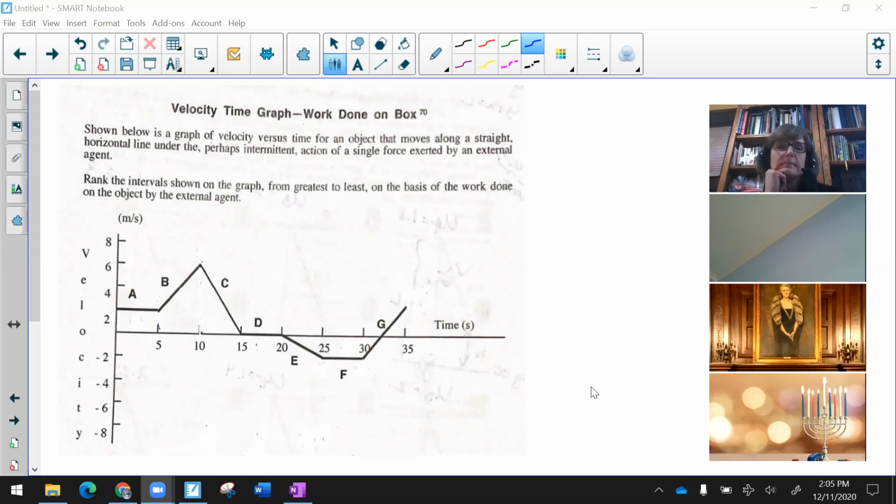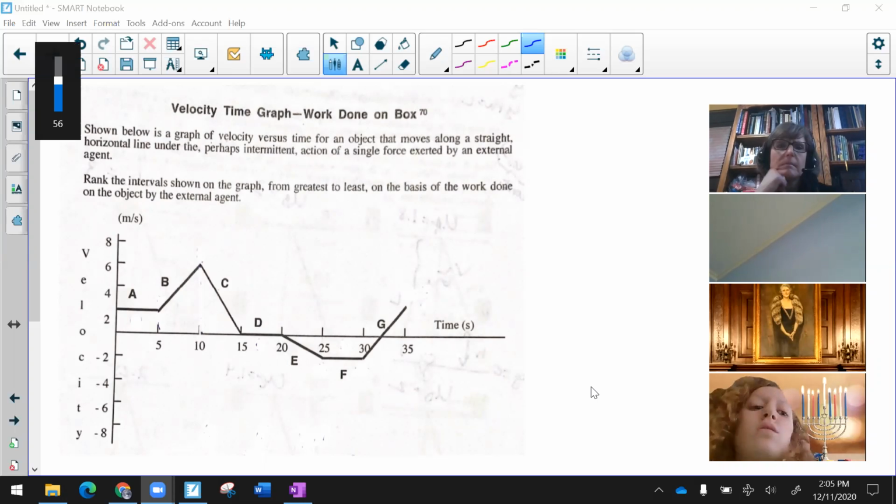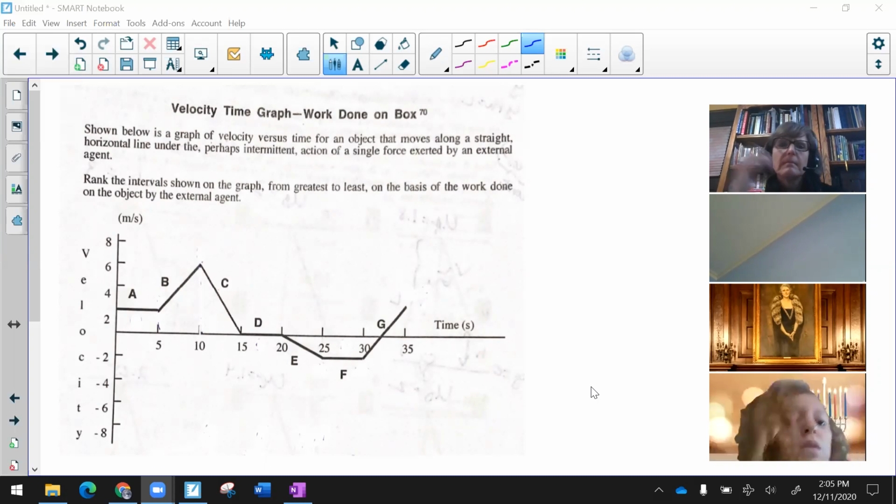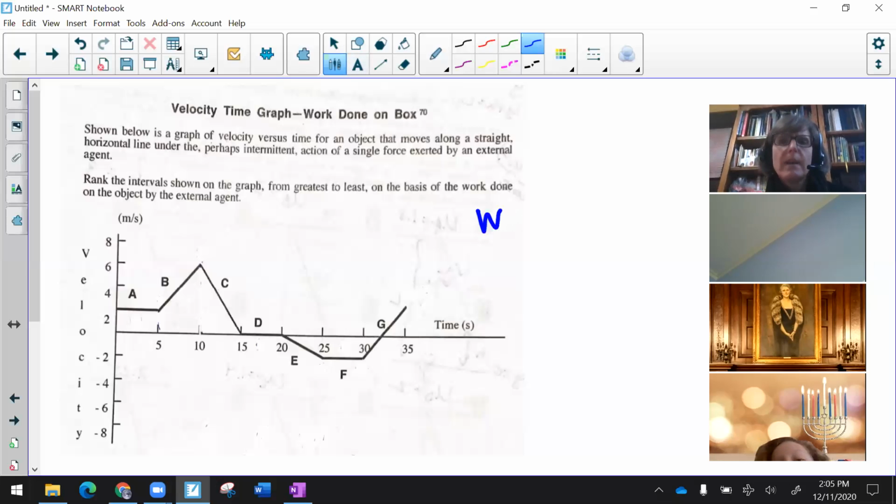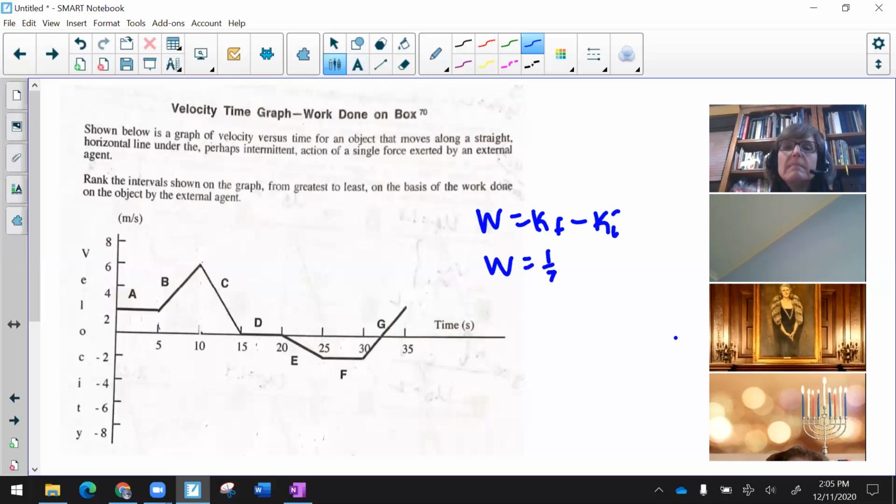If we need to determine the work, the work equation is Kf minus Ki. So then we need to compare the final velocity and the initial velocity.